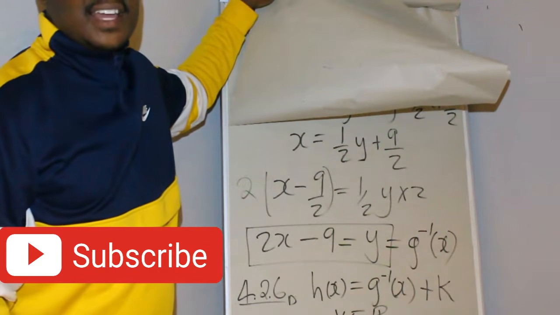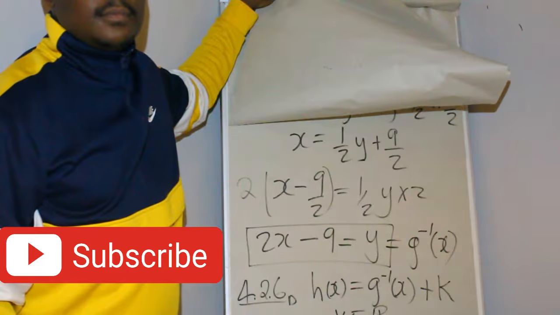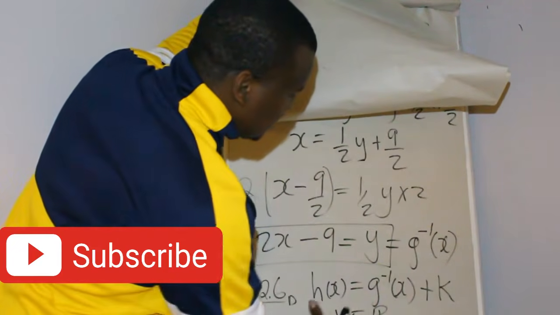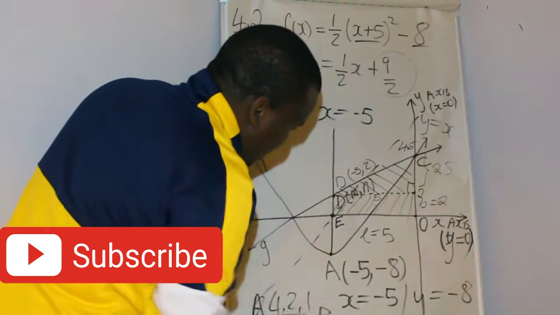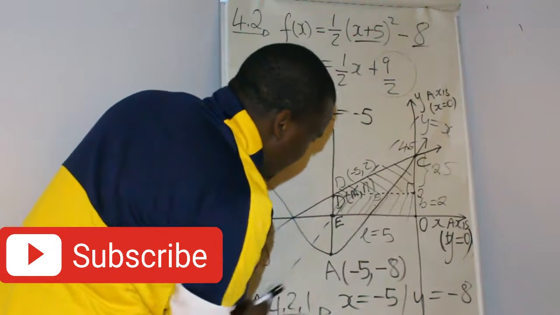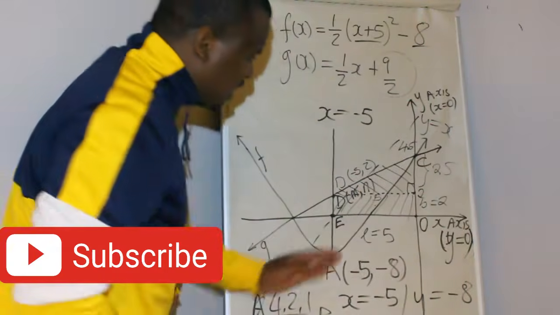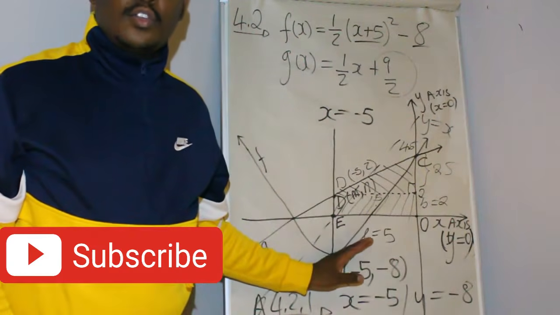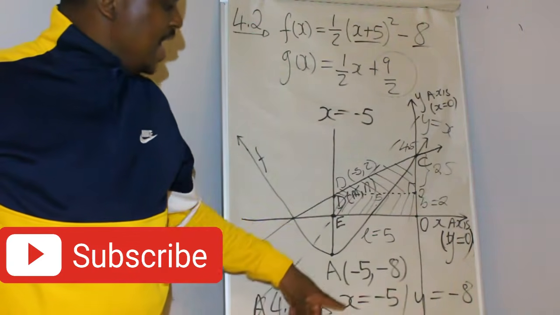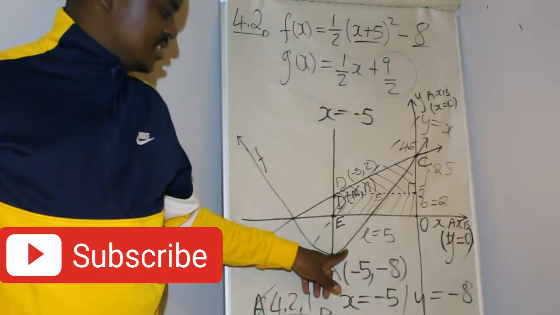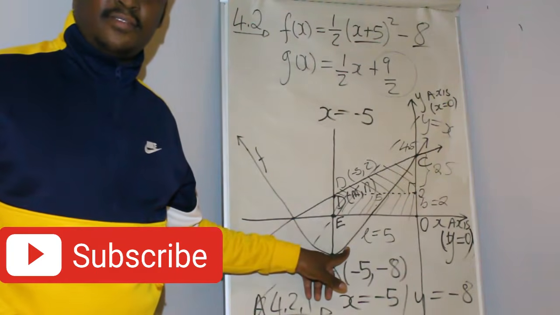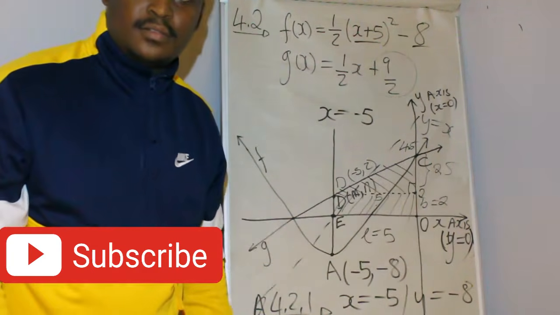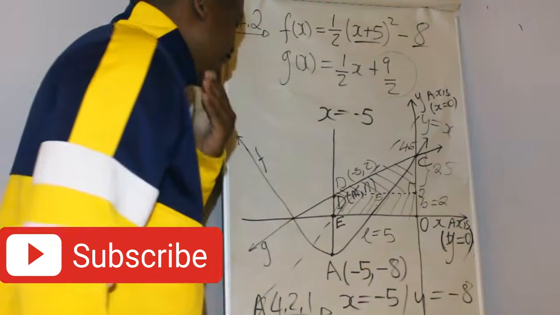I don't know what that thing is. What I know for sure is that this will have a positive gradient, which means it's a tangent which touches somewhere. It's a tangent which has this shape, so it touches the point there. They want us to find where our tangent touches this graph. That's what they want, so let's do that.